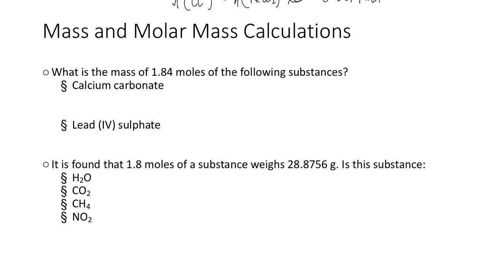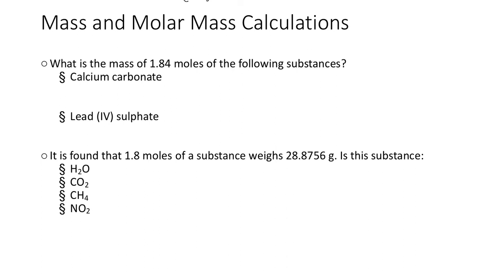What is the mass of 1.8 moles of the following substances? So this is using the molar mass and the number of moles to work out the mass. So therefore, calcium carbonate, again, molar mass of calcium carbonate, just to make sure we know what we're doing.